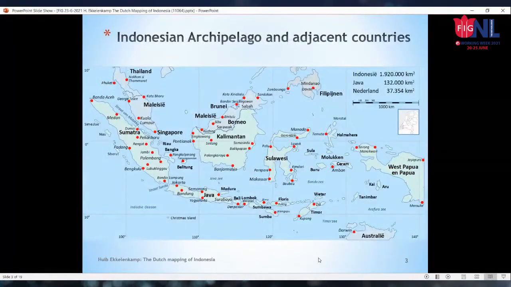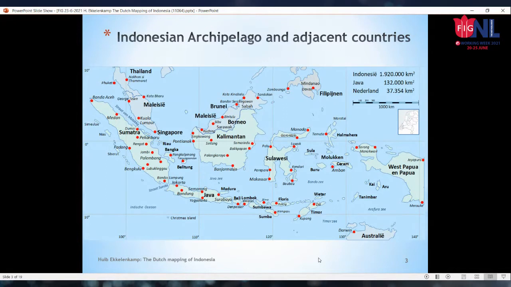This is an overview of the archipelago. It gives you an idea of the enormous difference from the countries we have in Europe. You have the main island, which is Java, in the center.